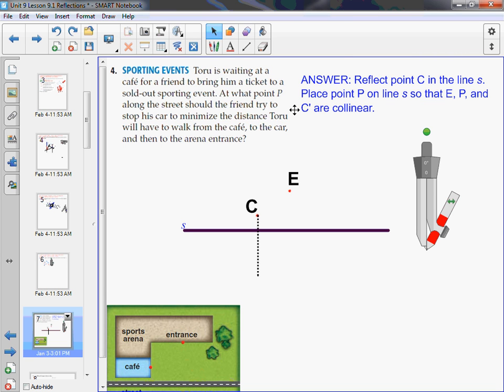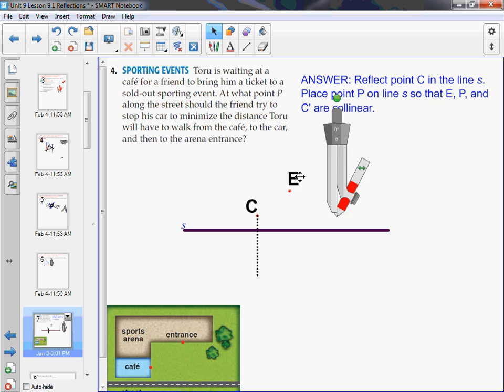Just C. All right, so we've got the dotted line from C perpendicular to line S. Well, you know what to do next, don't you?